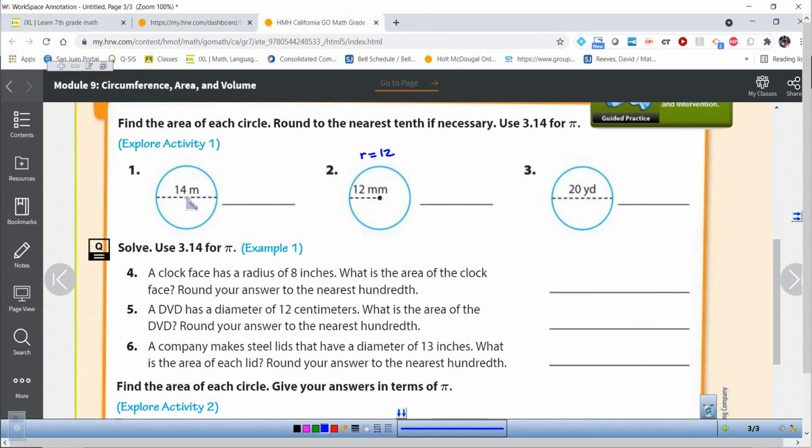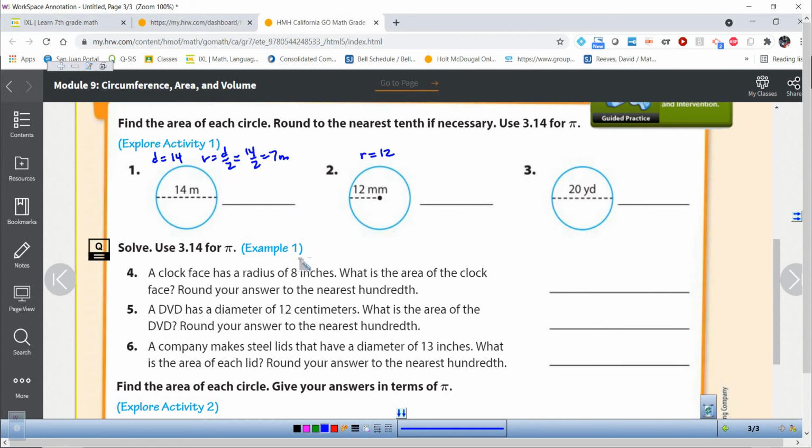Notice on number 1 they gave us the diameter. So the diameter is equal to 14. And remember, the radius is equal to the diameter divided by 2. So the radius is going to be 14 divided by 2, which is 7. So the radius is equal to 7 meters.